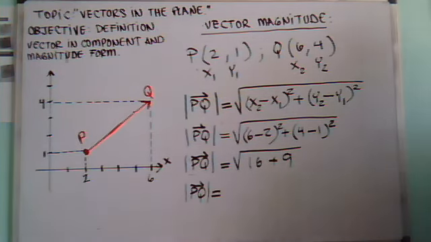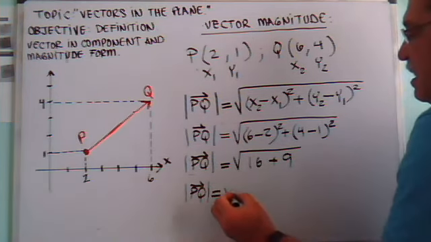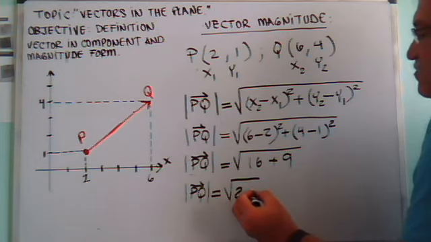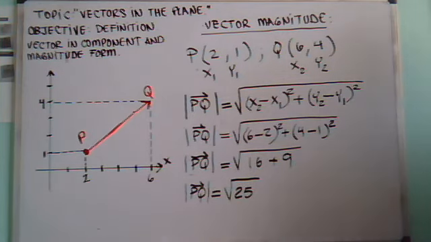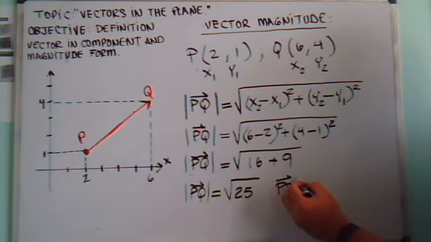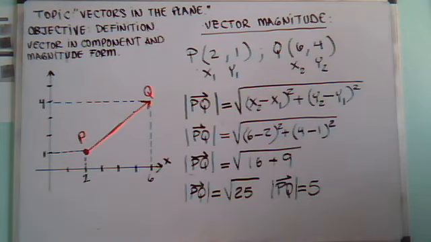The magnitude of the vector PQ is the square root of 25, which is 5. That means the length of that line segment is 5. That is the magnitude of the vector PQ.